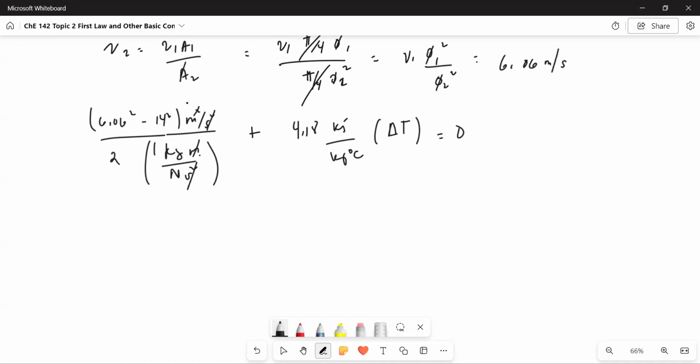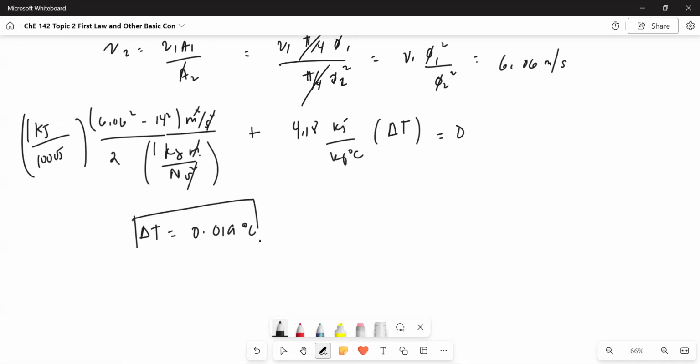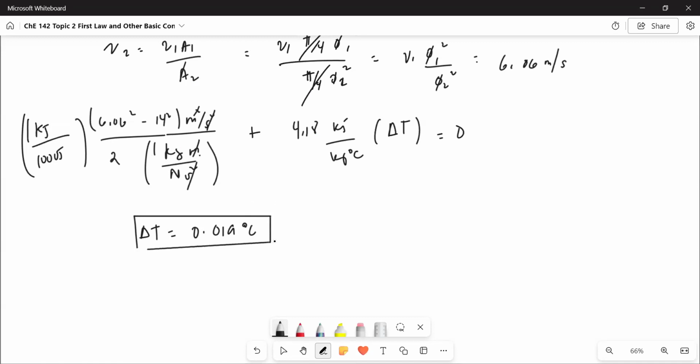This is Newton meter per kilogram, so you have to convert that to kilojoules. What you will get for delta T after isolating delta T is 0.019. And that's the answer. I hope that is clear.